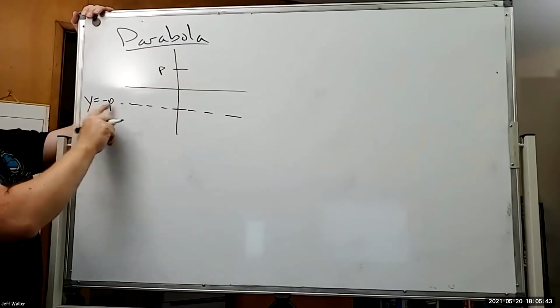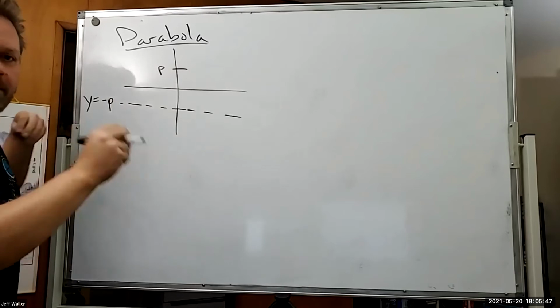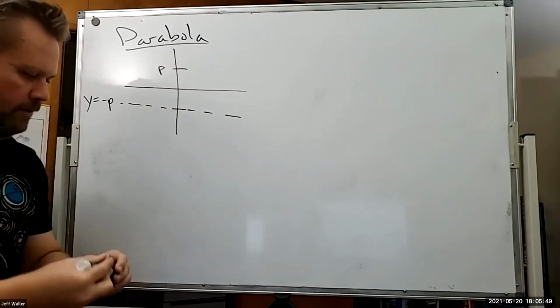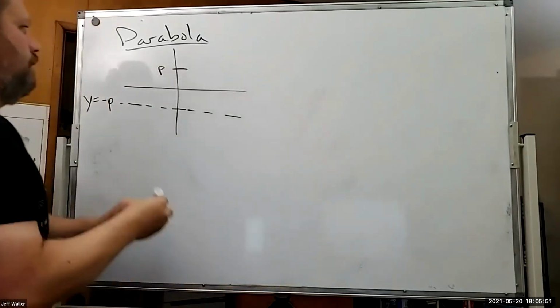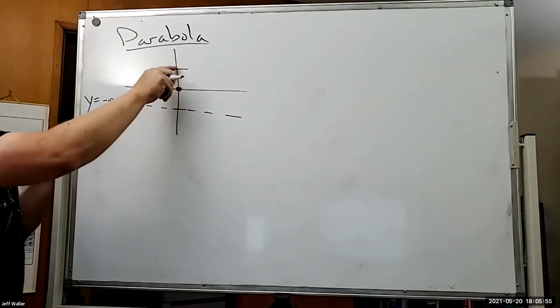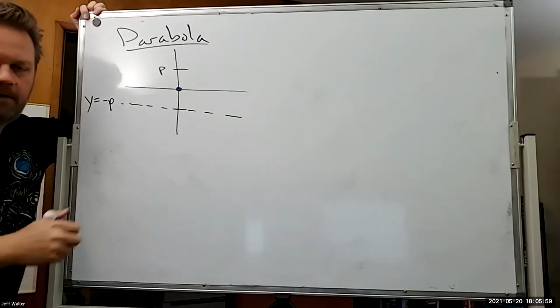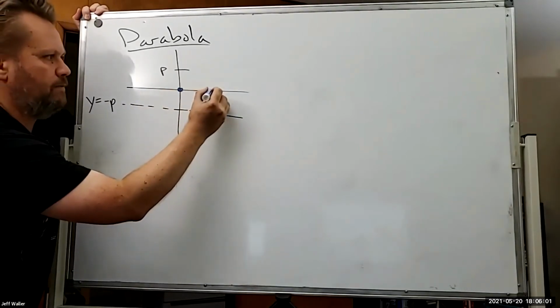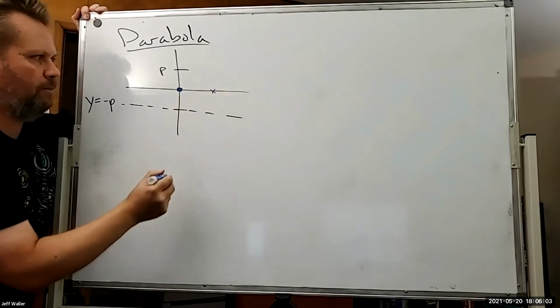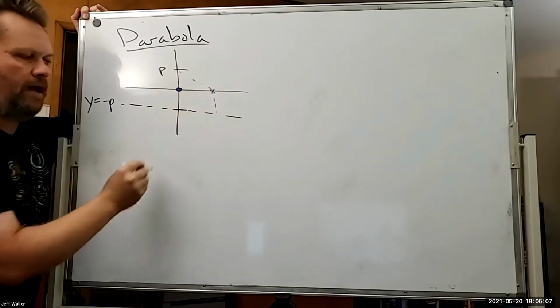So the line y equals -p and the point P. For example, this would be a point on the graph, right? Because it's P away from that and it's P away from that. Now why can't this be a point on my graph? Because it's further away from that than it is to that, correct?